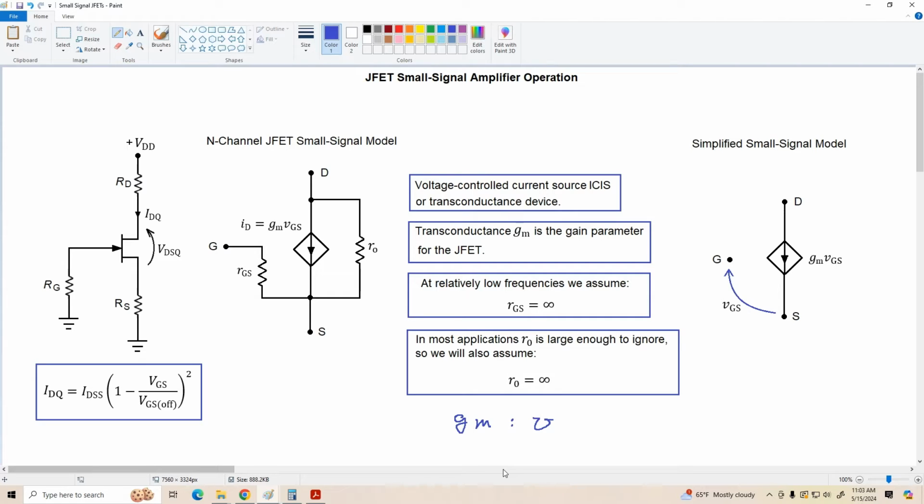The SI unit for conductance is the Siemens, capital S, but a lot of times when I write that it looks like a 5 or a lowercase s. It's very confusing. I like the upside down omega. So when I talk about conductance or transconductance, I'm going to use mhos, which is represented with the upside down omega. All right, so with that in mind, let's move to the next screen.